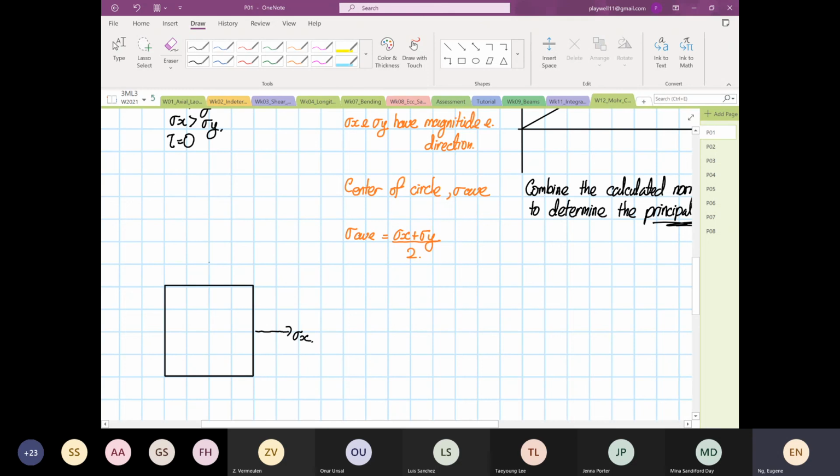Stress X is in tension. Pointing away is tension, and coming down is compression. When the arrow comes down, it is known as compression. When it's going away, it is tensile, or tension.